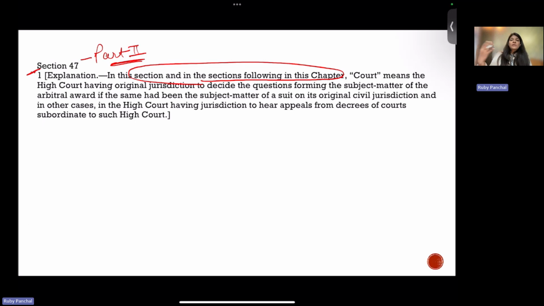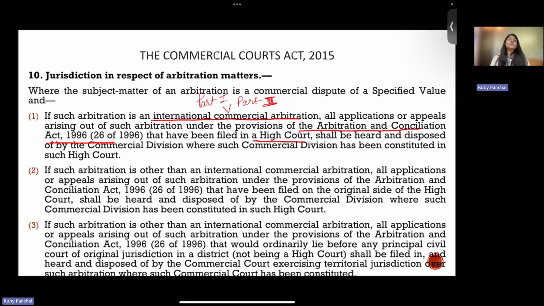So essentially, it says that the matter would go to the High Court, and the Supreme Court said that there is no contradiction between the two. Section 10, subsection 1 also gives jurisdiction to the High Courts, to the commercial division established within such High Courts, and so does Section 47.